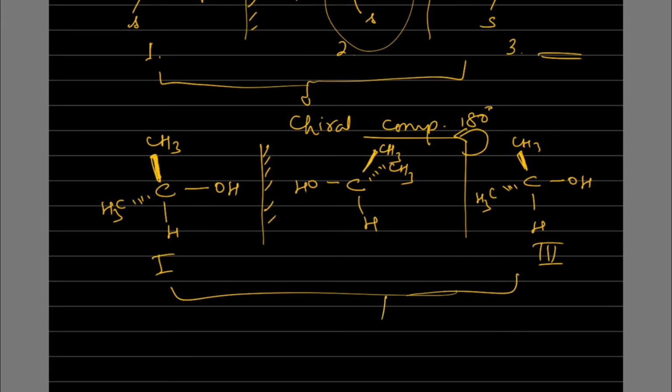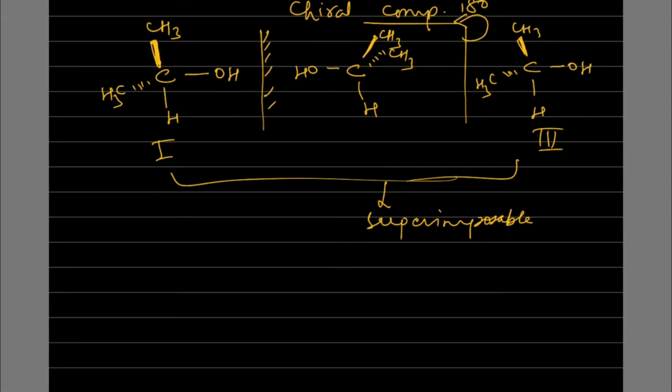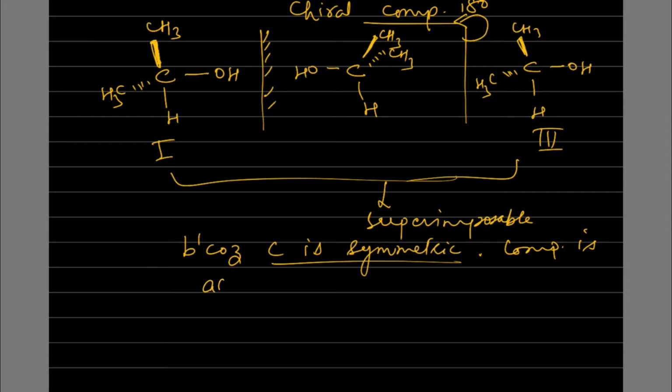Why are they superimposable? Because the carbon is symmetric. Symmetric carbon means it is not attached to four different groups. The carbon is symmetric, and the compound is optically inactive and achiral. So that is how we can talk about optical activity and optical inactivity.